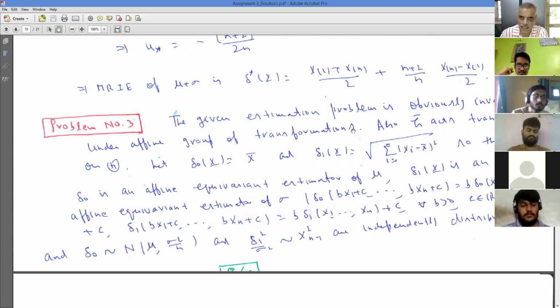The estimation problem is invariant under the affine group of transformations, right? Because normal mu sigma, so bx1 plus c, bx2 plus c, bxn plus c are IID normal, with the induced group of transformation on the parameter space as g bar bc theta being b mu plus c and b square sigma square, right?